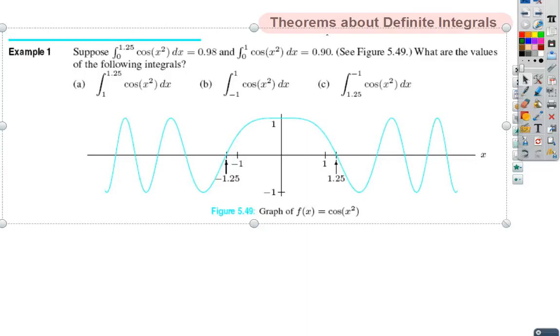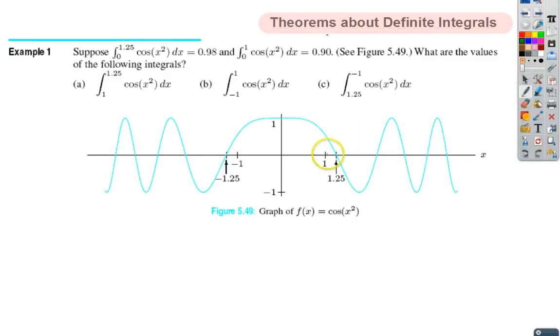So first one, I'm going from 1 to 1.25. So I'm just going this little distance here. I want to find that little amount of area right there. Well, they tell me from 0 to 1.25 and from 0 to 1. So the integral from 0 to 1 of f of x plus the integral from 1 to 1.25 of f of x is equal to the integral from 0 to 1.25 of f of x.